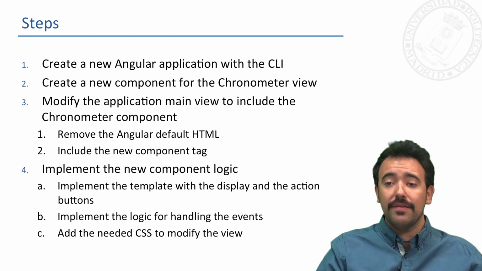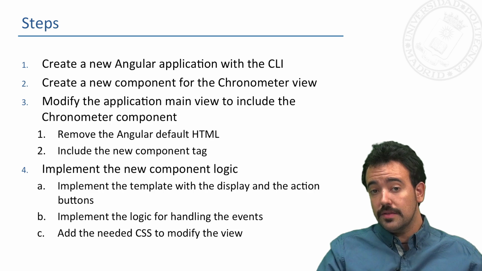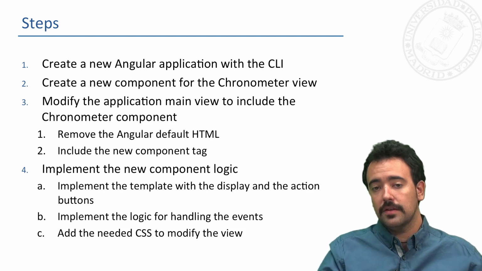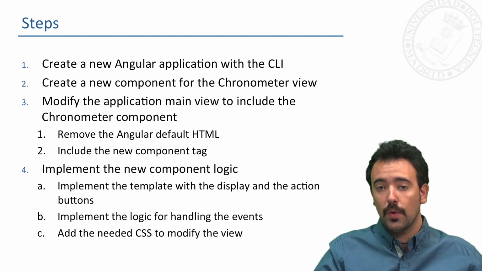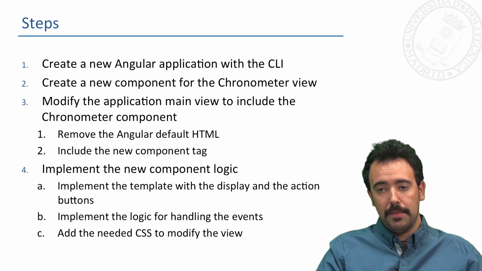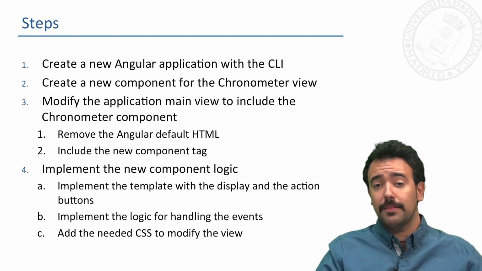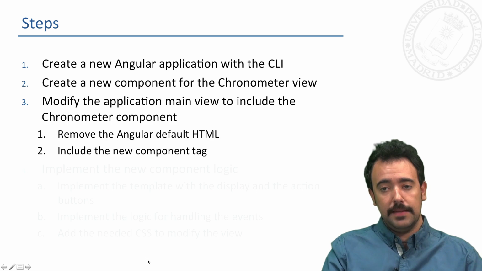Then we will modify the application main view in order to include the template of this new component, instead of the default view that Angular includes in the sample application. Then we will implement the logic of the chronometer, but this will be in the next video. So in this video we are going to just cover the three main steps.